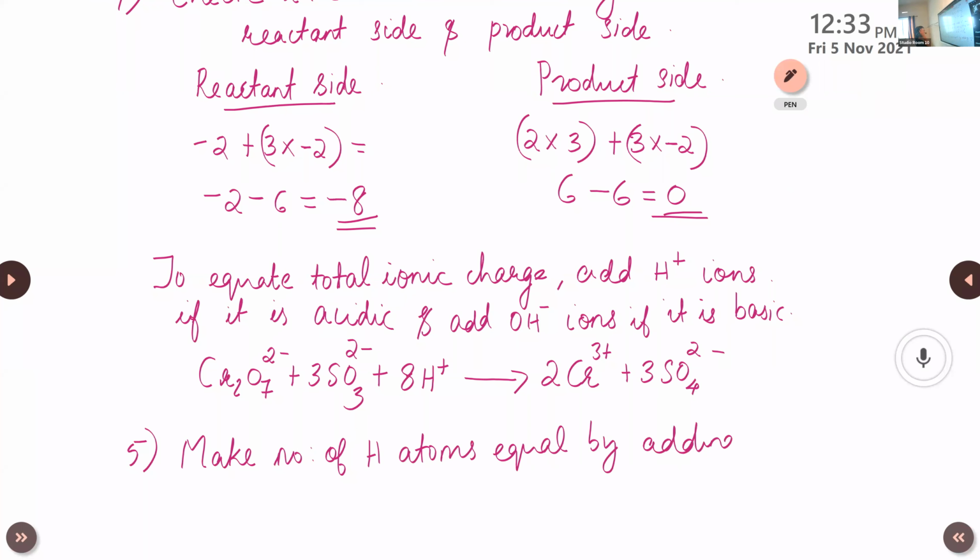Make number of hydrogen atoms equal by adding H2O. So here there are 8 hydrogen atoms in the reactant side, right? 8H plus. So tell me, how many water molecules should be added on the right side?